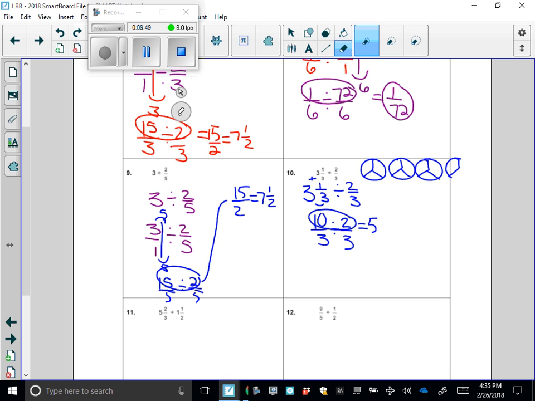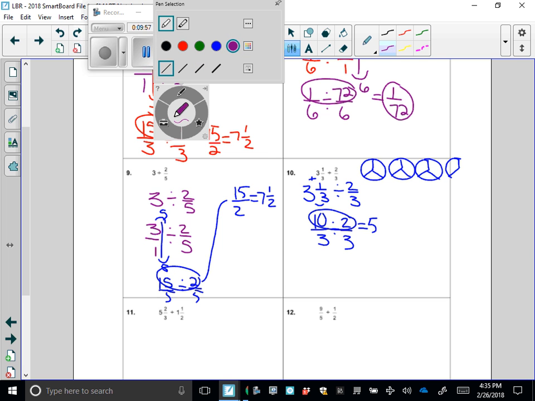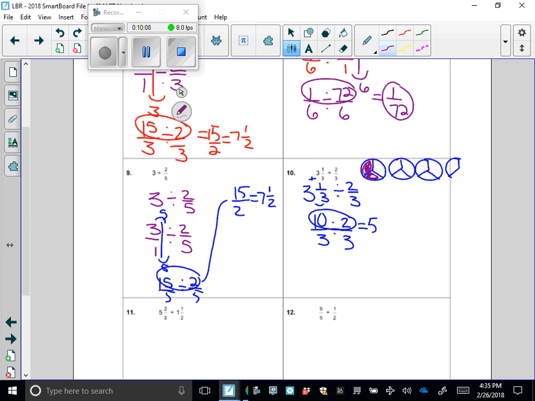And the question is, how many 2/3 fit into the 3 1/3? And so this is 2/3, so that's 1.